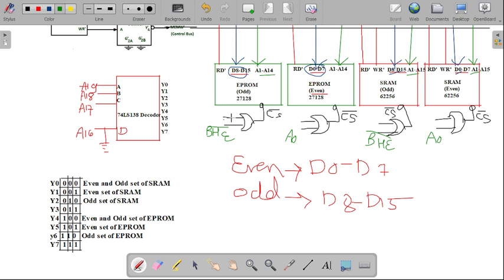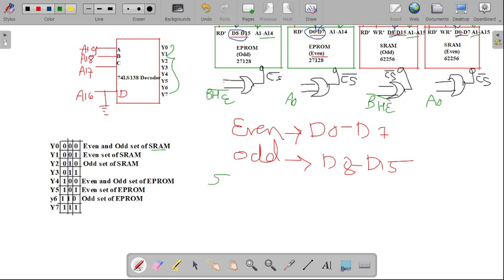One input connection is still pending and that we have to connect with the help of this truth table. So whenever you are following this truth table, Y0 to Y7, these outputs will be considered in our decoder. And here the even and odd set of SRAM will be available, that is 0, 0, 0 signal will be provided with our even and odd set of our SRAM.